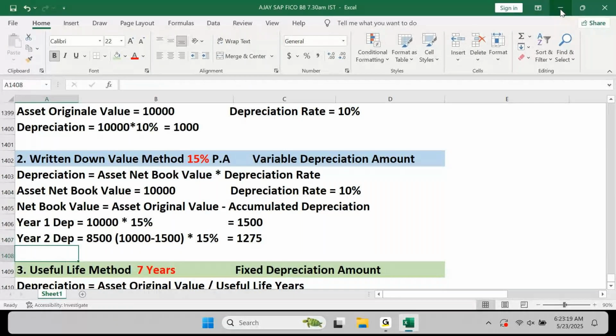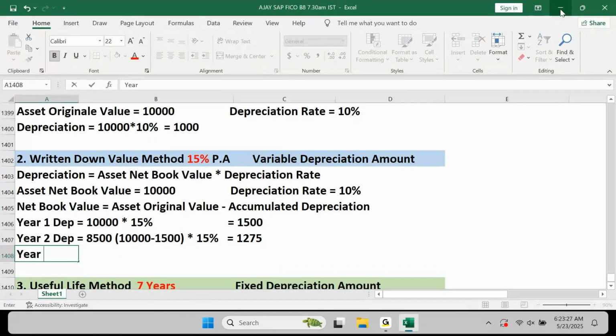Likewise, if you go to third year, what will be the value? 7,225. Year 3 depreciation is equal to 7,225. How is it coming? It is coming based on 8,500 minus 1275. Or 10,000 minus 1,500 and 1275. Either way is okay. Into 15%, the amount is 1083.75, about 1084.